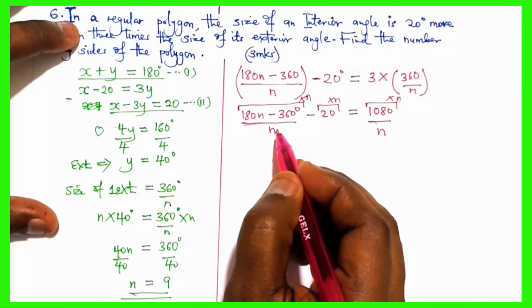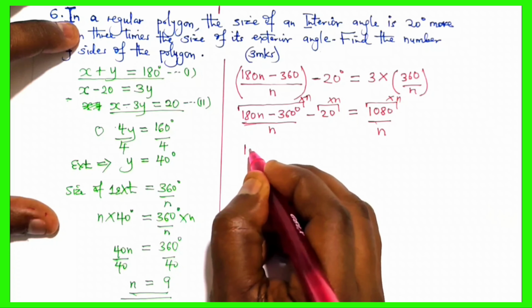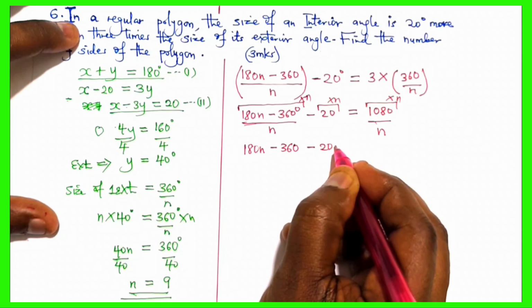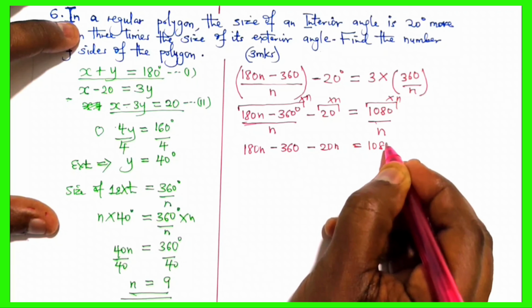This one will disappear, this one will disappear. I'm left with n here. So I'll end up having 180n minus 360 and then minus 20n to be equal to 1080.